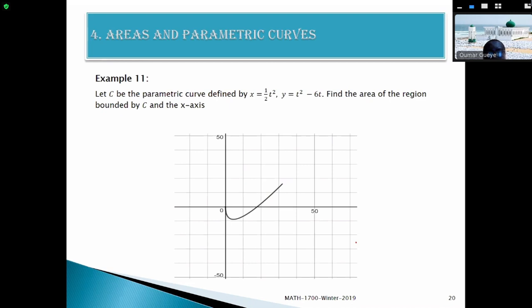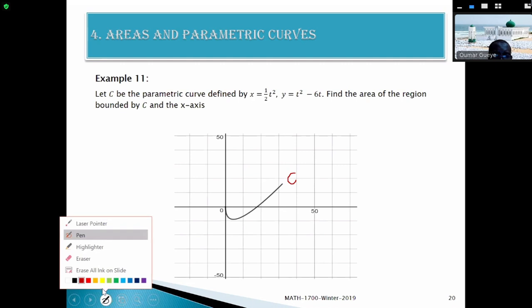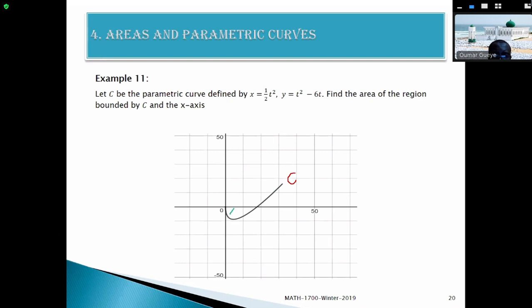So in this example, the graph is given. This is my curve C. And we would like to calculate the following area. So we want to calculate this area between the curve and the x-axis.